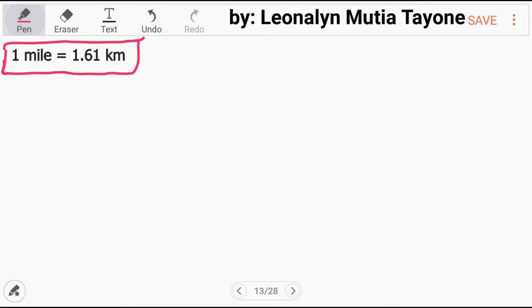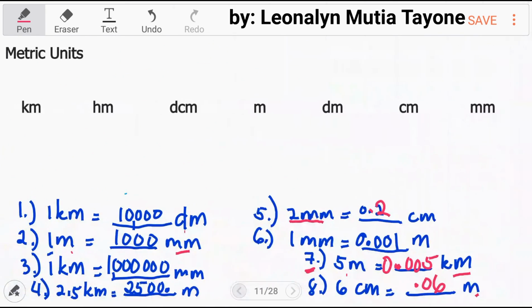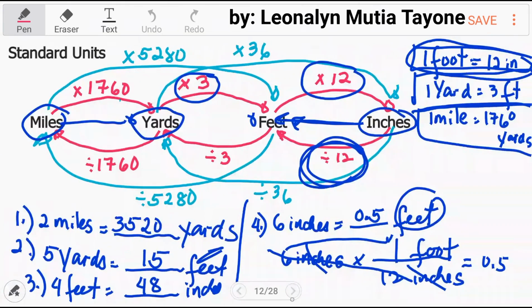So, ngayon, dito, 1 mile is equals to 1.61 kilometers. Kasi mahaba pa yan itong 1.609, may something pa. So, dito tayo sa 1.61 kilometers, ang equivalent ni 1 mile. At huwag niyong kalimutan itong standard units natin at itong metric units.